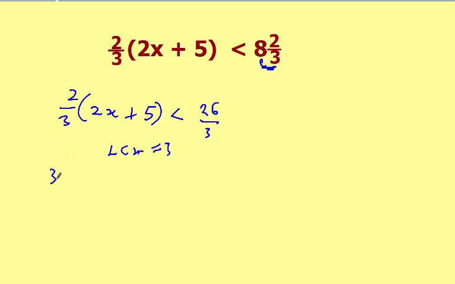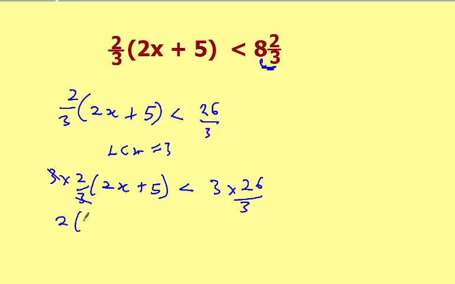So this is going to give us 3 times 2 over 3 bracket 2x plus 5, and 3 times 26 over 3. This 3 will cancel out this one, giving us 2 bracket 2x plus 5 greater than this.